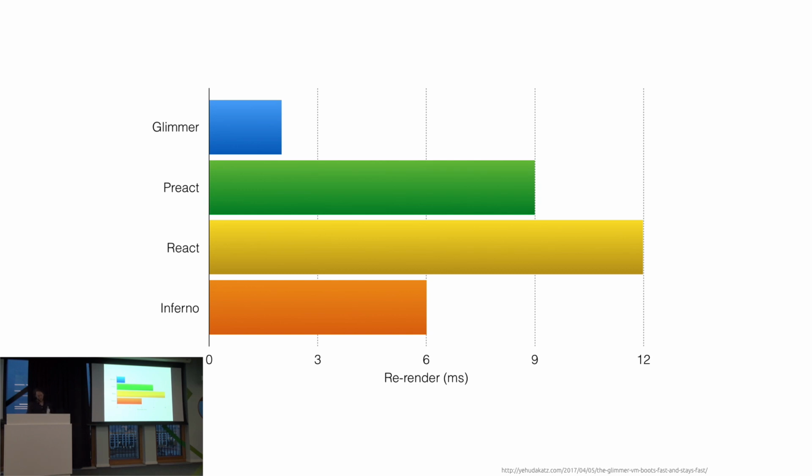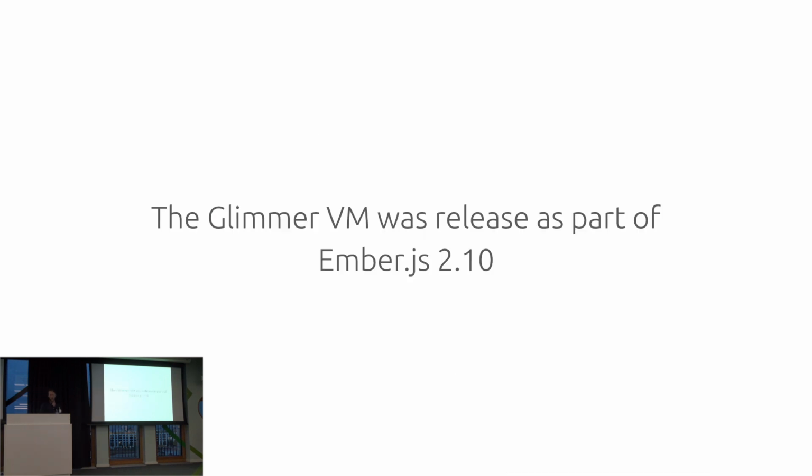A really nice thing about the Glimmer VM that I wanted to say, though maybe not everybody is aware of that: the Glimmer VM was released in Ember 2.10, which is a minor release. That means that releasing the Glimmer VM, although it was a total rewrite of Ember's rendering engine, was actually backwards compatible.